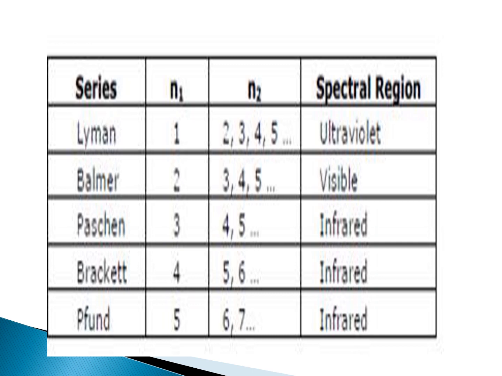The value of the Rydberg constant for hydrogen is 109.677 per centimeter. The first five series are Lyman, Balmer, Paschen, Brackett and Pfund. These are the series of the line spectrum.